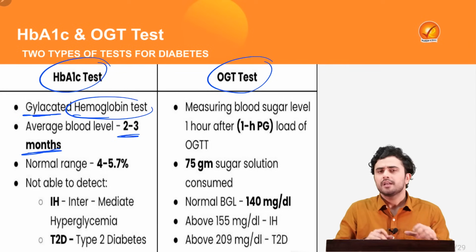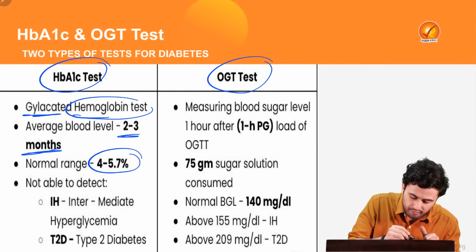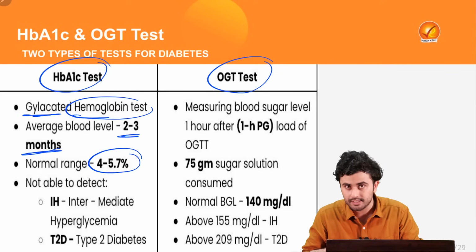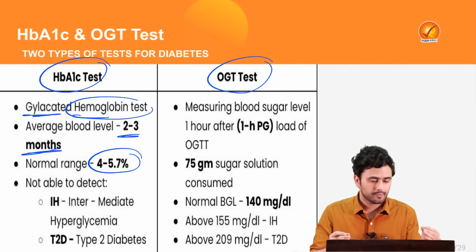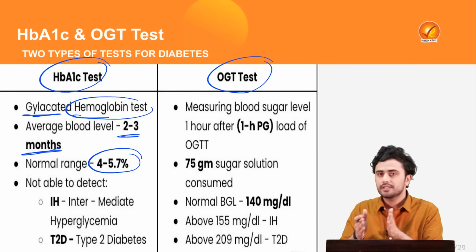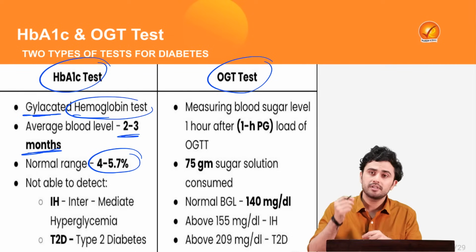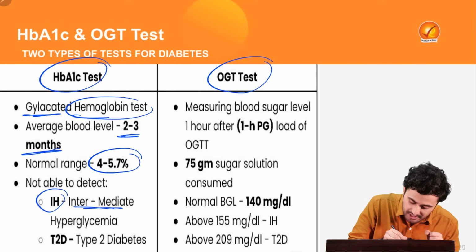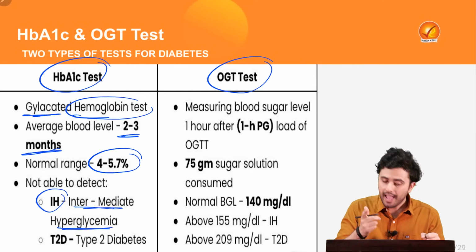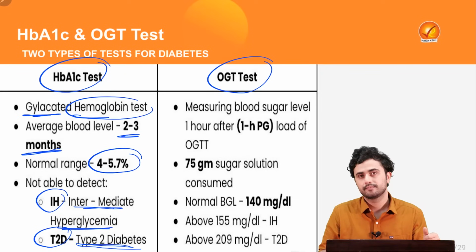The normal range is 4 to 5.7%. However, as per various medical experts, this HbA1C test, or hemoglobin A1C test, is unable to effectively detect IH, or intermediate hyperglycemia, and T2D, or type 2 diabetes.